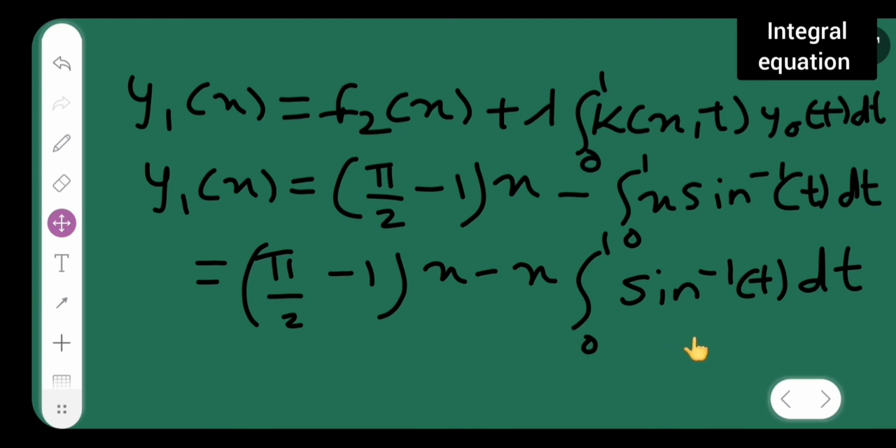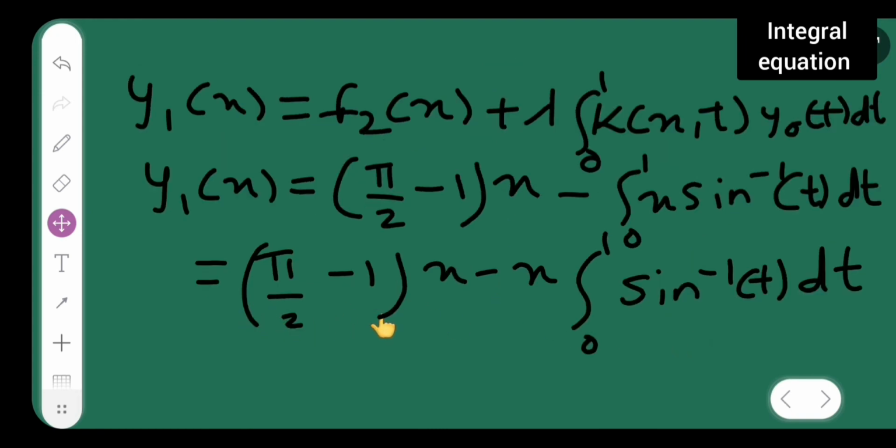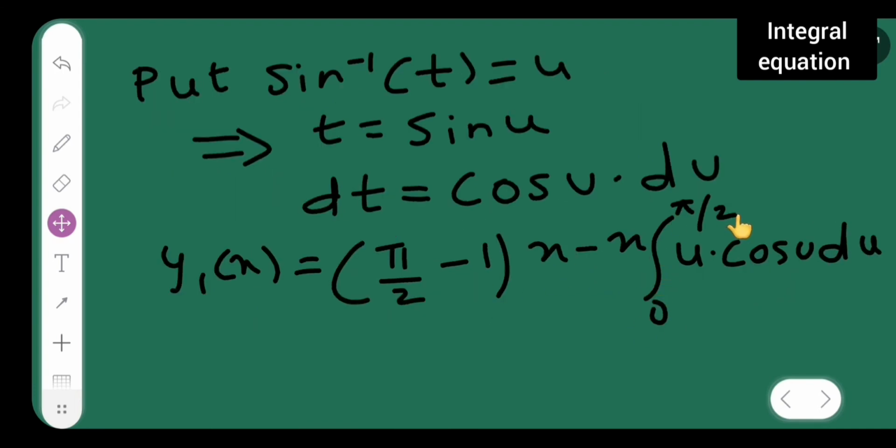Now what we are going to do is put sin⁻¹(t) equal to u. So if you take sine to this side, you get t equal to sin(u). If you differentiate this, dt equals cos(u) du. Next, y1(x) is equal to (π/2 − 1)x minus the integral from 0 to π/2.